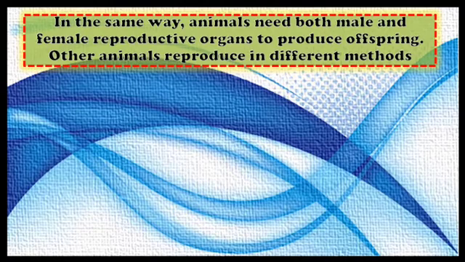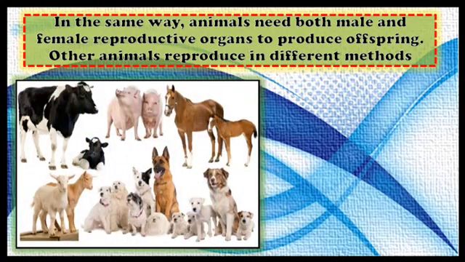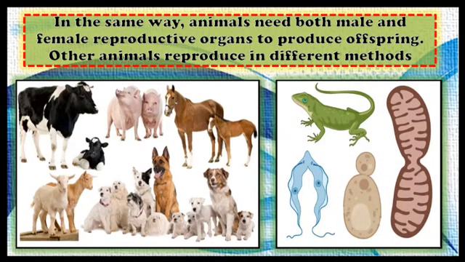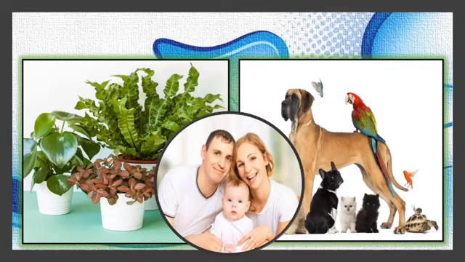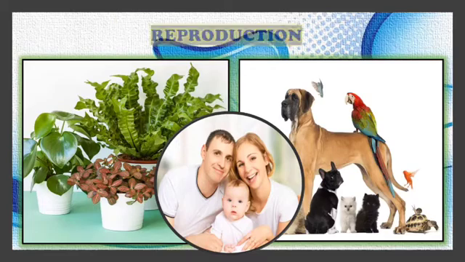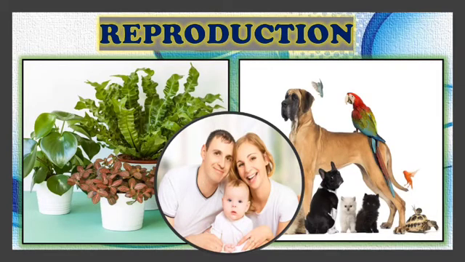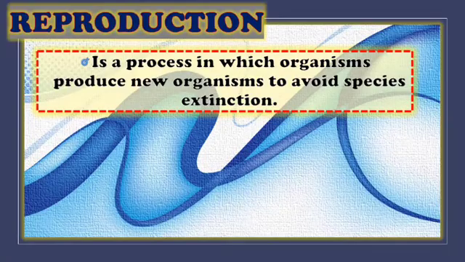In the same way, animals need both male and female reproductive organs to produce offspring, and other animals reproduce in different methods. The process where plants, animals, and human beings multiply or produce new organisms is what you call reproduction. So reproduction is a process in which organisms produce new organisms to avoid species extinction.